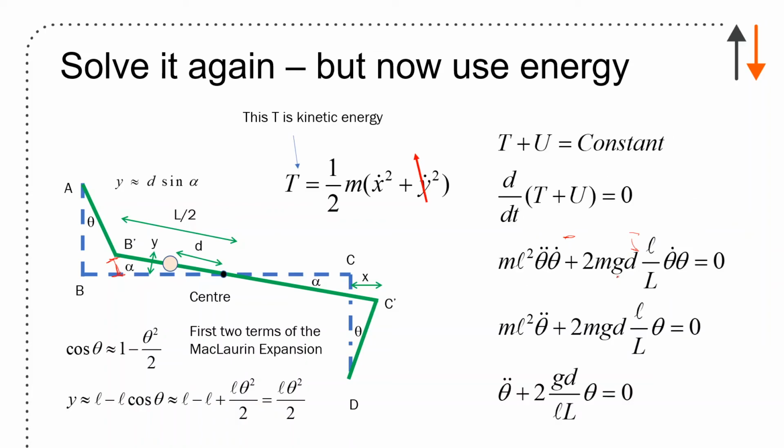So out of this, I get T plus U equal to a constant. I take the time derivative, I end up with all these expressions, and I can get rid of these right here. And I end up at the end with this expression: m L squared theta double dot plus 2 m g d L theta equals 0. And hey, look at this. It's exactly the same as what I got in the previous part. And that's my omega squared.